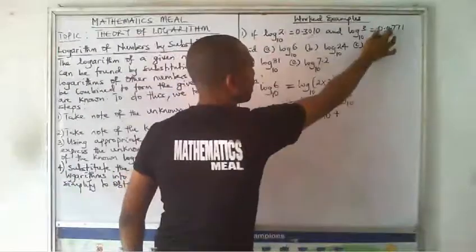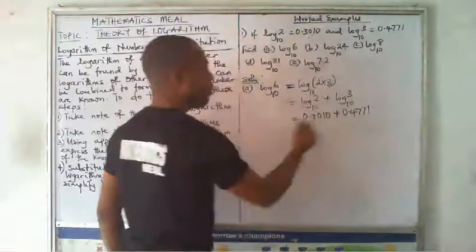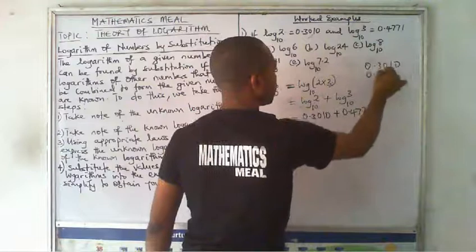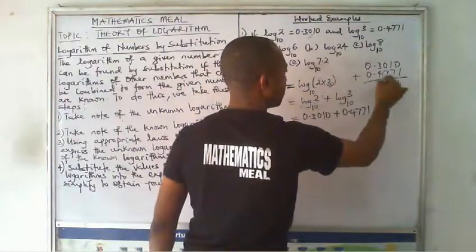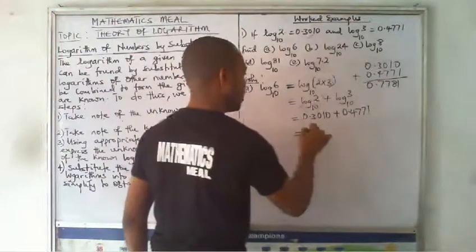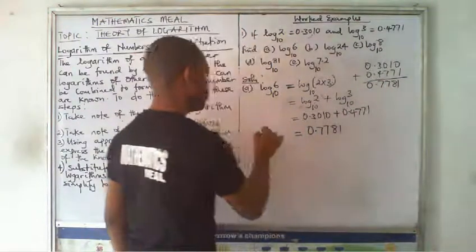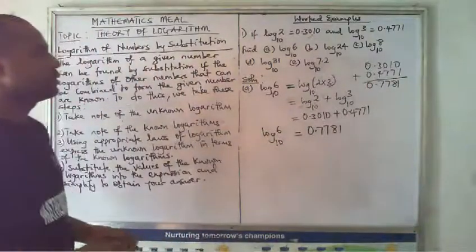And what is log 3 in base 10? 0.4771. When you add 0.3010 and 0.4771, we have 0.7781. So log 6 in base 10 will give us this.